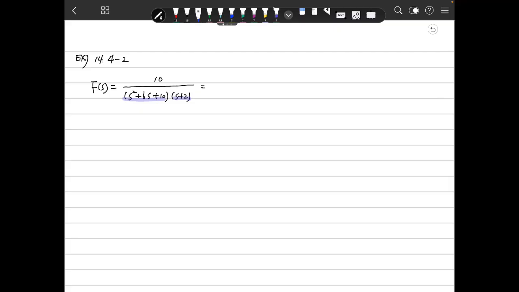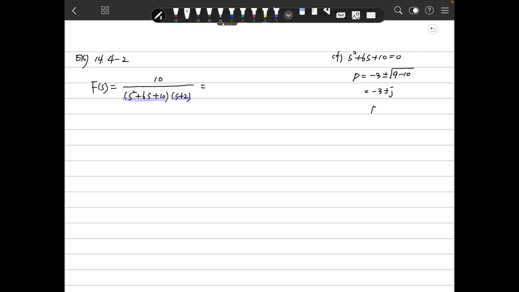To do that, we rewrite this as s squared plus 6s plus 10 equal to zero. We need to find the poles. The poles will be minus 3 plus or minus j.